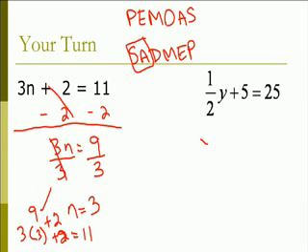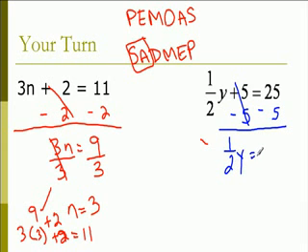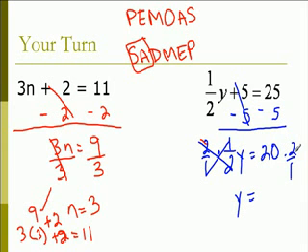Okay, over here, we need to get rid of our 5 first. Our 5's cancel out. We're left with 1/2 y equals 20. To get rid of a fraction, you need to multiply by its reciprocal on both sides. Those cancel out. We're left with y equals 20 times 2. Remember, in multiplication of fractions, you multiply straight across.